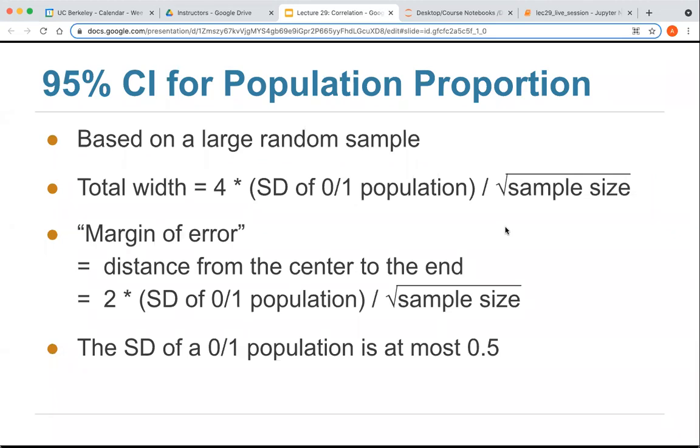And so the margin of error, therefore, is two lots of those. And last time we saw, simply by calculating a lot of these SDs, that the SD of a 0-1 population is at most 0.5. So that allows us to get a conservative estimate of the margin of error.